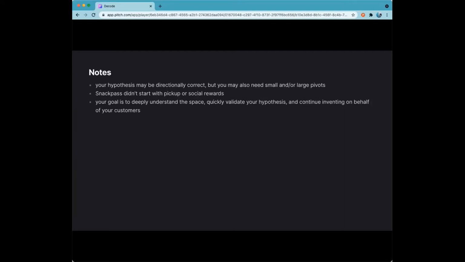Another example, Snackpass. We didn't start with pickup or with social rewards. We just started where you can log in with your .edu email and get discounts. And there were two big insights in the early days that were transformational. The first was that people came for the discounts, but stayed for the convenience of skipping the line.